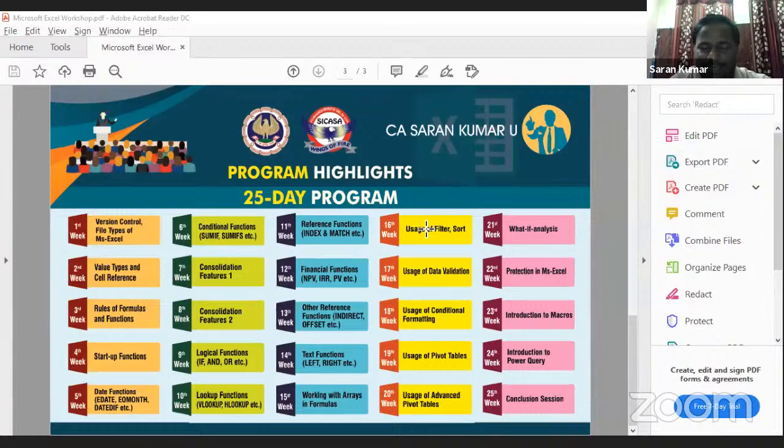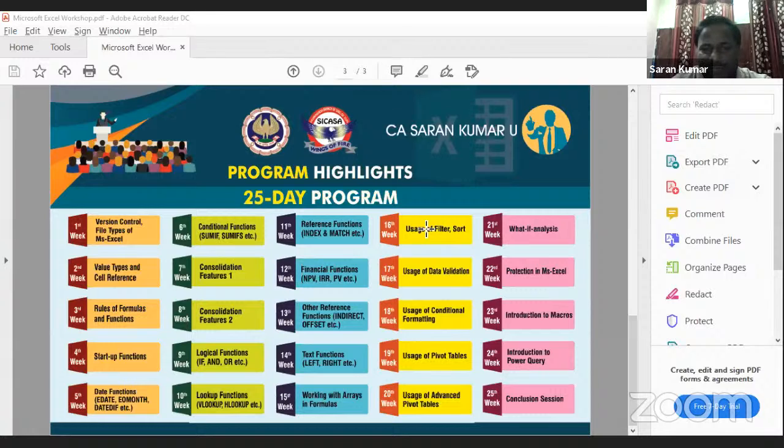This is the time to evaluate ourselves, whether we are following the logics and concepts. So today, let me jump into the financial functions.